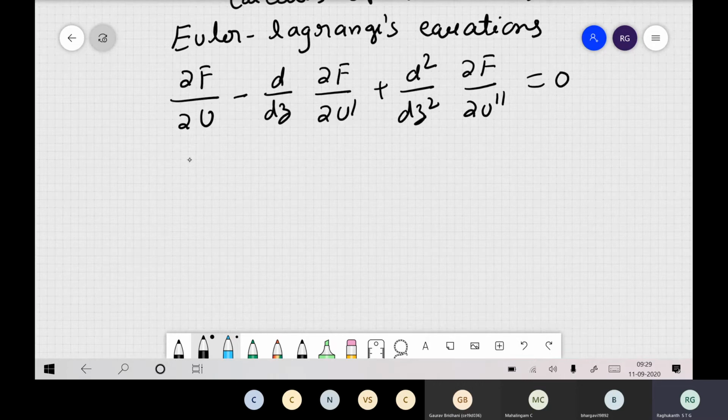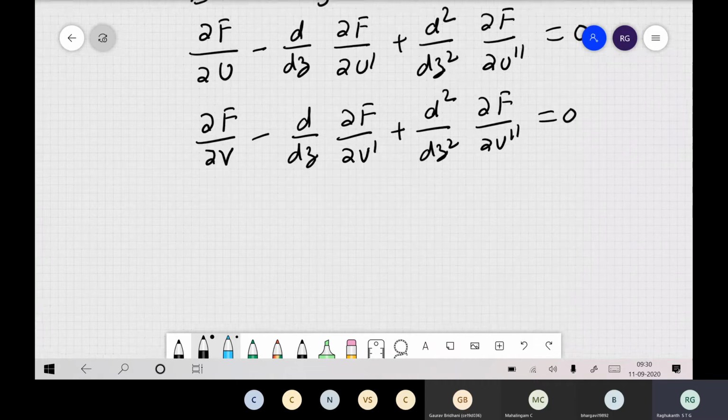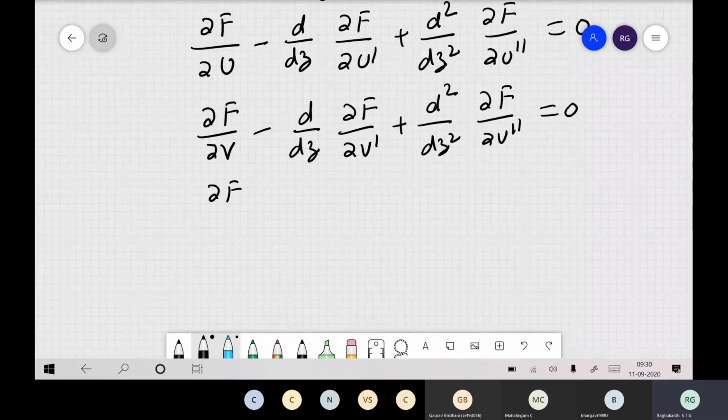The second equation, everything remains same, only you have to replace u with v. So dou f by dou v, minus d by dz of dou f by dou v dash, plus d square by dz square of dou f by dou v double dash. And the last one is for phi. These are standard, the classical Euler Lagrange equation.